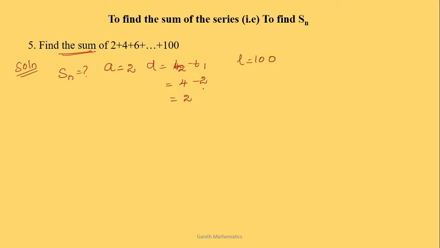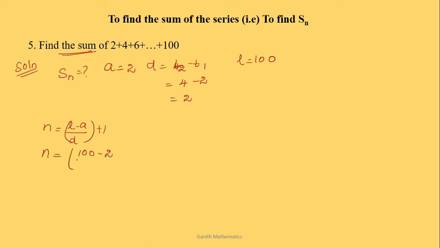So look at this formula, when you have Sn, in both the formulas there is a term n. So before doing this problem, we are going to find our n. N is equal to L minus a by d plus 1. So n is equal to, what is L? L is equal to 100.